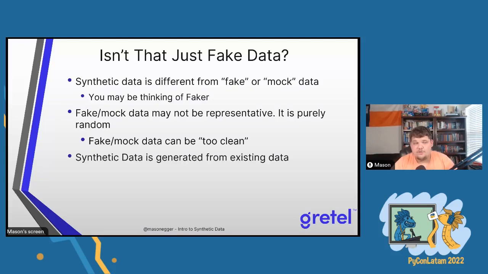Synthetic data, on the other hand, is great for generating data, and it's generated from existing data. So you basically take your existing data and you generate more. It will look and behave like the initial data set. So you take it and you feed it through, and it will be representative of the data set.